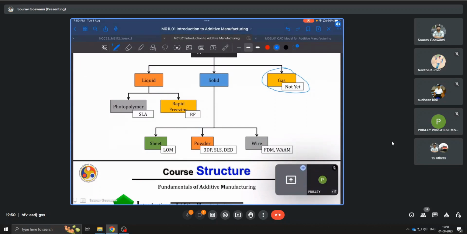In fact, I am aware of certain nano additive processes which use an aerosol, so technically not a gas, but close enough. For additive manufacturing, they build these really intricate nanostructures.